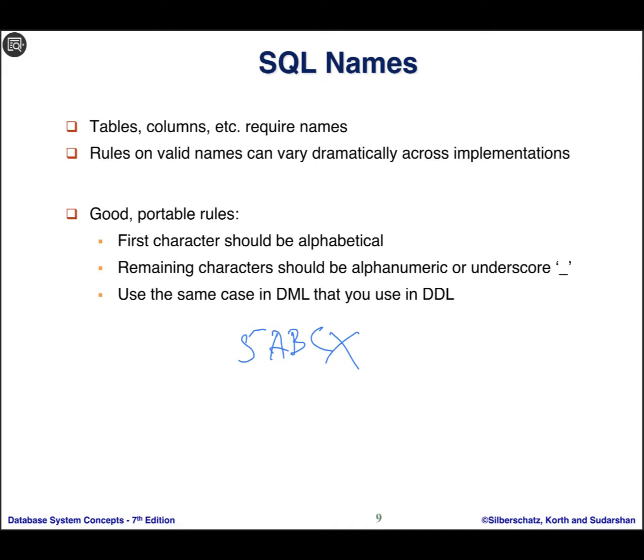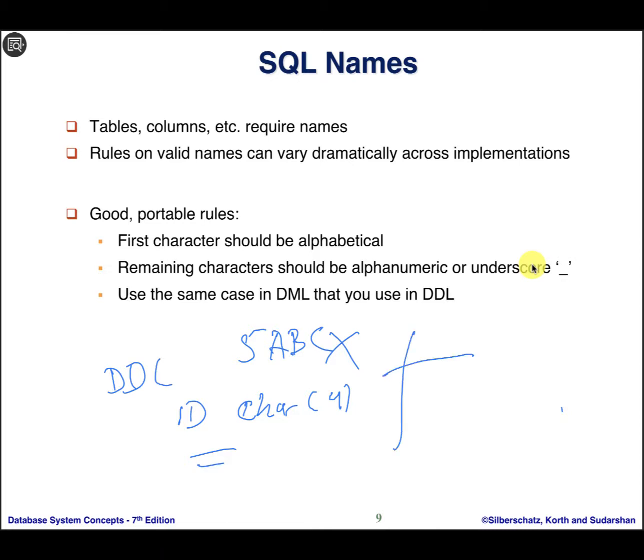And try to use the same case in the data manipulation language that you use in the data definition language. In other words, when you create a schema, for example, and you have the attribute ID in uppercase, and the ID is, for example, char 9, and so on. This is the data definition language.